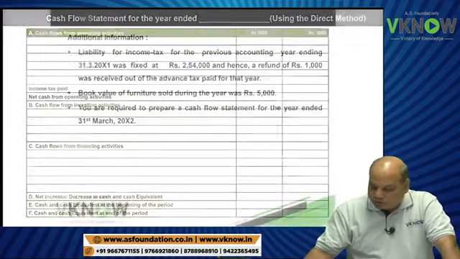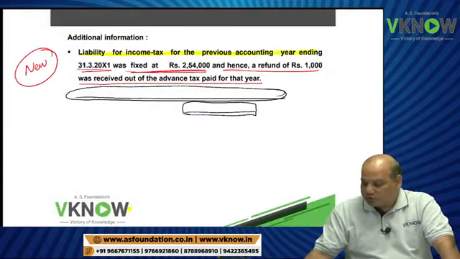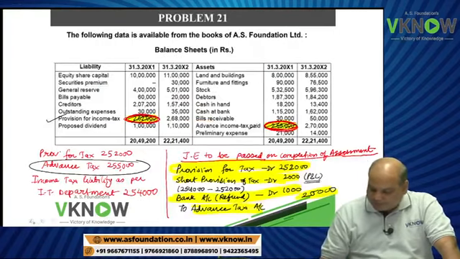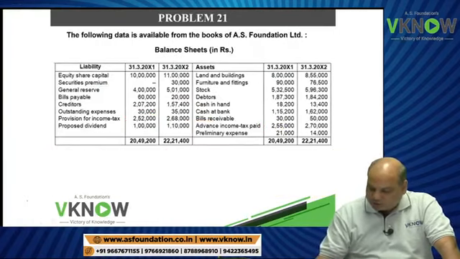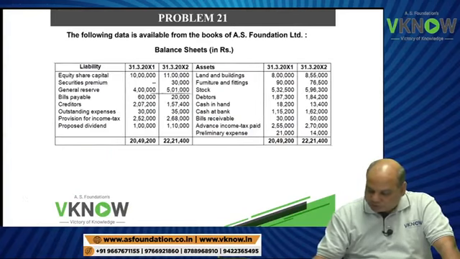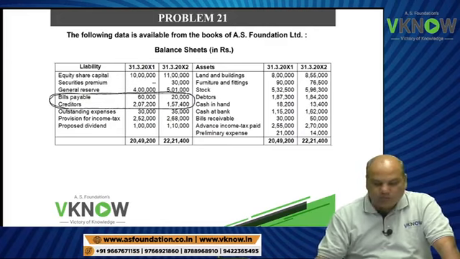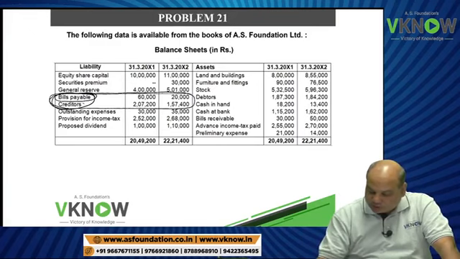See on the screen, pay attention on the screen, look at the balance sheet. On the balance sheet, we have been given bills payable and creditor. Bills payable and creditor both are same, but bills payable is a negotiable instrument, ultimately payable to the creditors only.